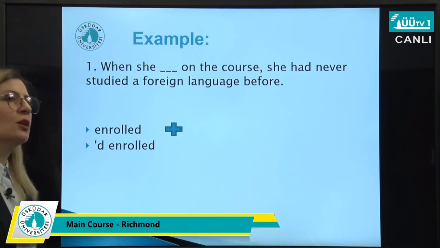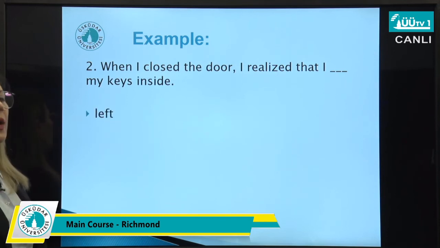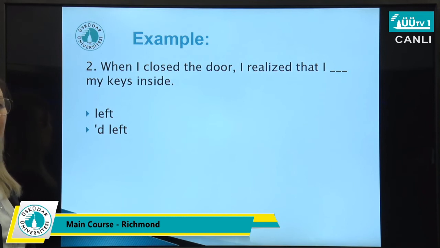Let's go for number 2. When I closed the door, I realized that I left, or I'd left my keys inside. Let's guess which one is the correct one.